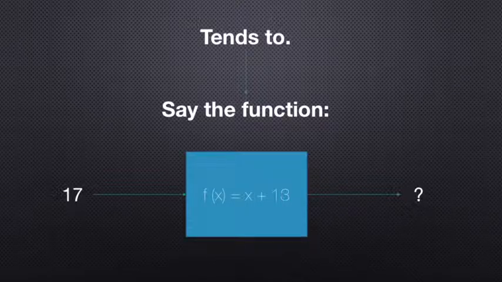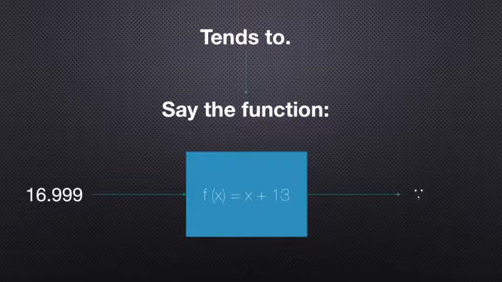So if it says a function f of x is equal to x plus 13, the same one we used in the beginning, if x tends to 17, what does f of x tend to? In that sense, you could think of it as, if something is really close to 17, what is the value of f of x? So for example, if x is equal to 16.999, that gives you the value of 29.999.